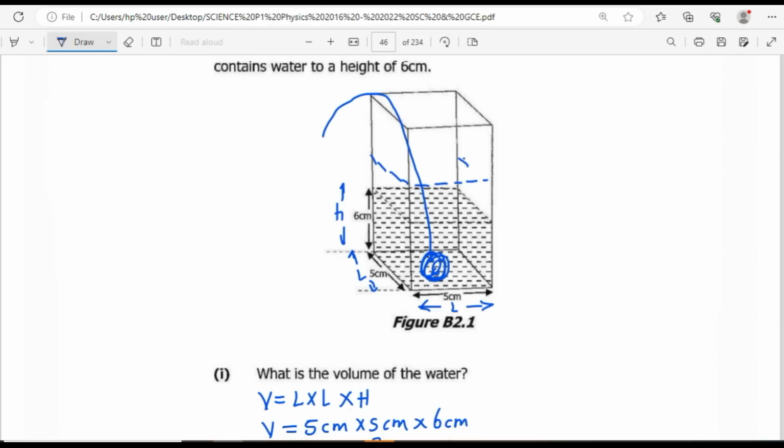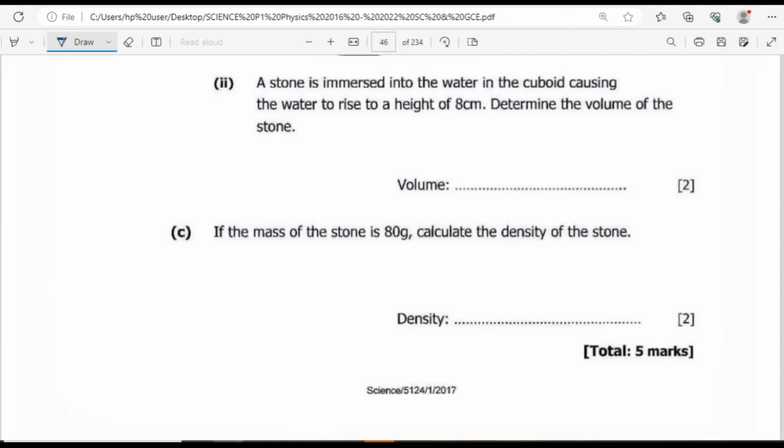So this time we need to find the second volume, and we call this volume our final volume. So the volume before the stone was immersed is initial, and of which our initial is 150. So the new height is just 8 centimeters. So let's find our new volume here.